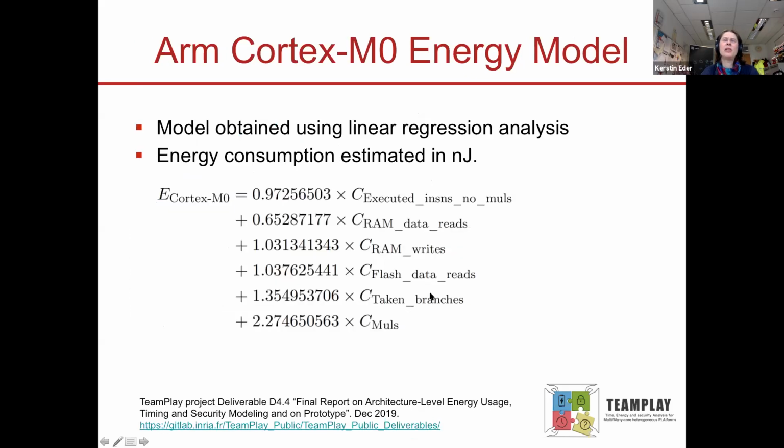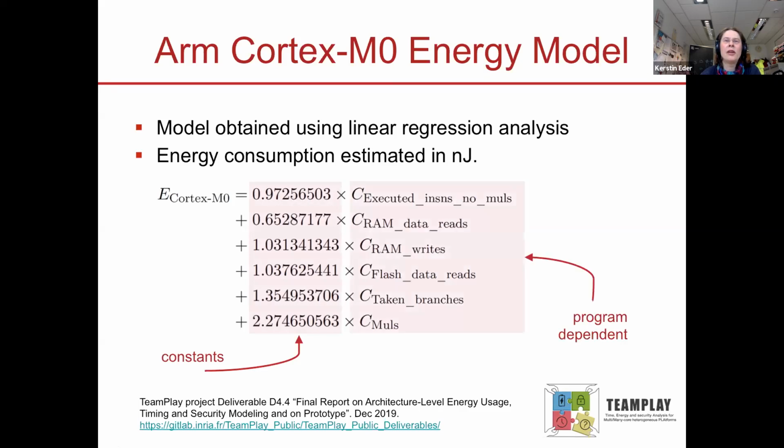Okay, so here's the model. We used linear regression. We collected a lot of data. The energy consumption estimated is given in nanojoule. And here you can now see the energy consumed by the processor given a program. We have two parts of the model, these constants, and then we've got the program-dependent parts, namely the values for these counters.